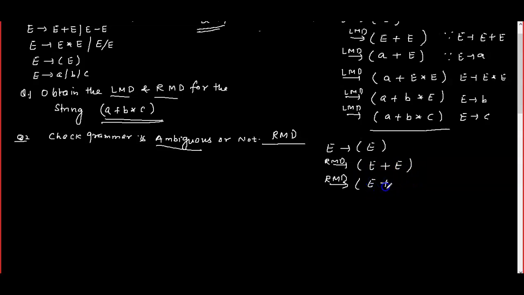So E plus, I can write this E as E star E, because ID star ID, the B into C, is required in the last options. If I write C here, then we will not get the multiplication. So I write E derives E plus E, and here E derives E star E. Next, E as it is plus E, and in this place I can write C.